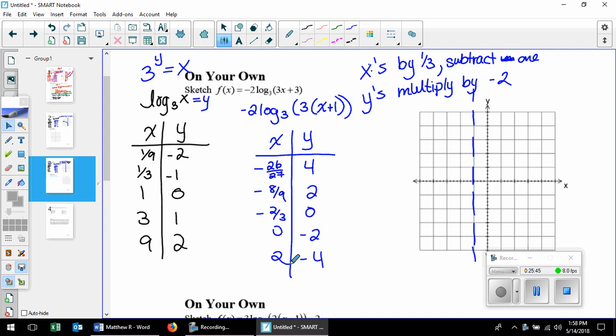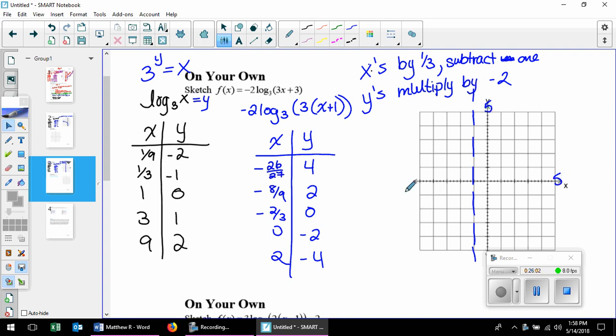Are we good? If you put this into your calculator, you're going to get a really, really small decimal, right? So that means you're really, really close to your outcome.